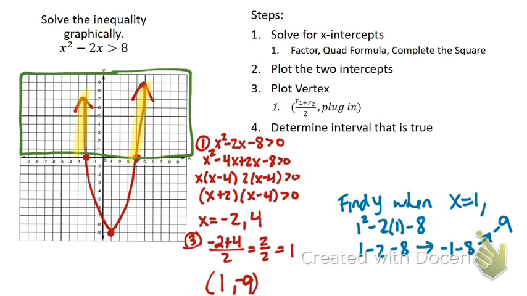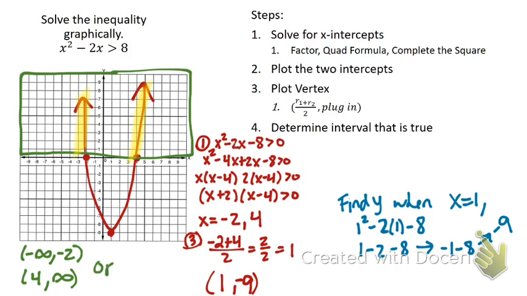So that left arrow starts at negative infinity. It starts at negative infinity and stops at negative 2. And then the right arrow starts at 4 and stops at infinity.